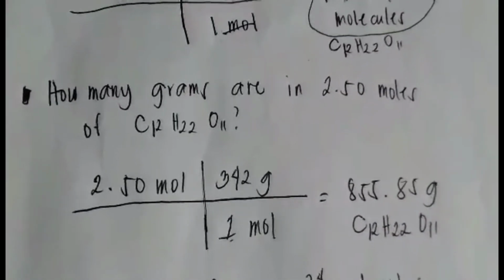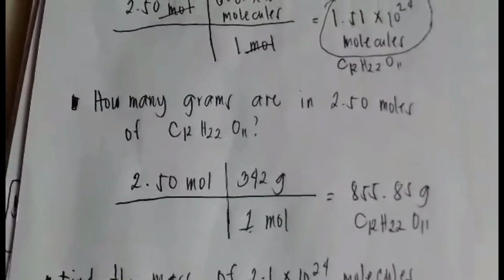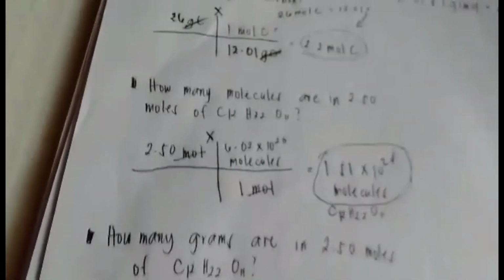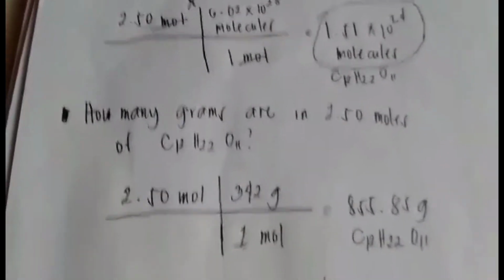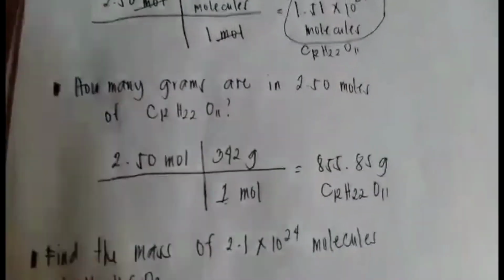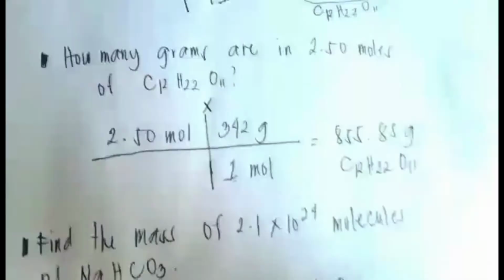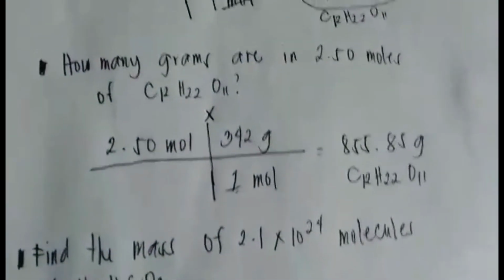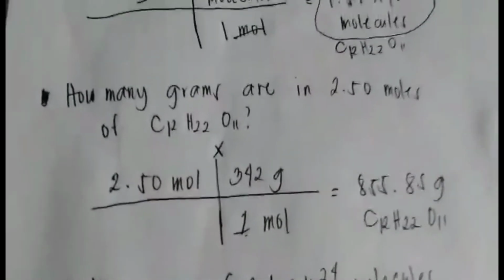This is the third example of molar conversion. This example is easier than the other examples that I explained earlier. What you need to do is multiply this 2.50 moles by 342 grams and divide it by 1 mole. You need to cross out the moles to get the grams.